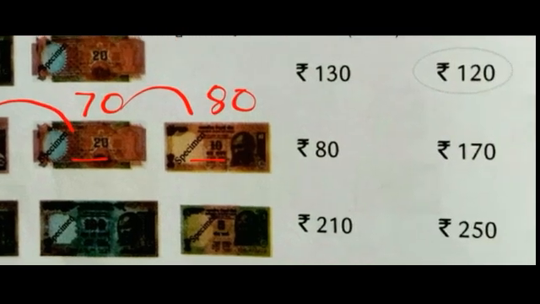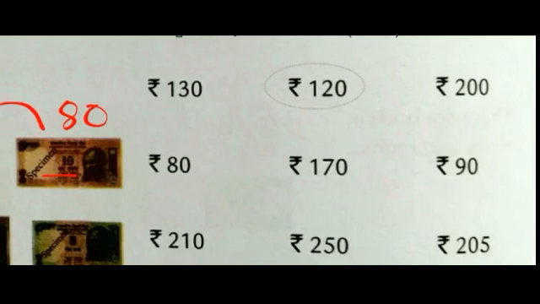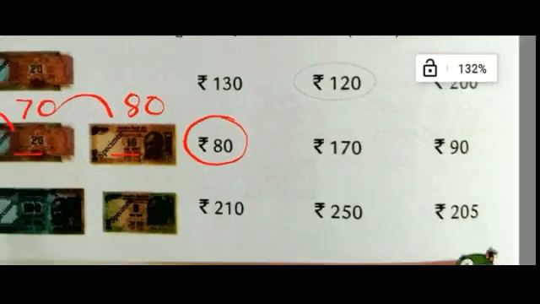Okay, so let's start from the biggest one. 50 plus 20 will give you 70 rupees. And 70 plus 10, that means it is a total of 80. So we have to circle the correct amount. So it is a total of 80 rupees. So we will circle 80 like this. Clear?